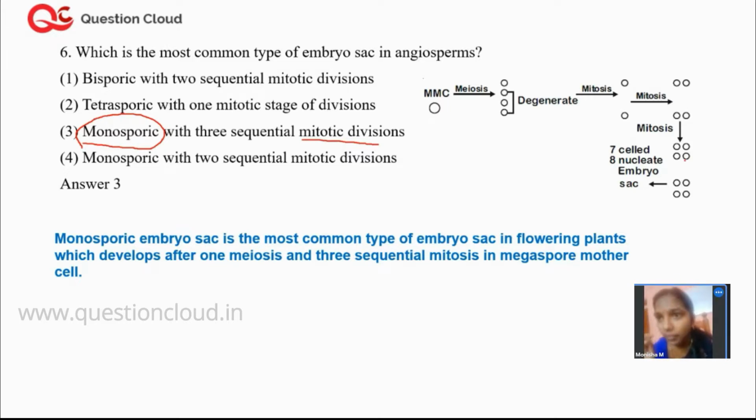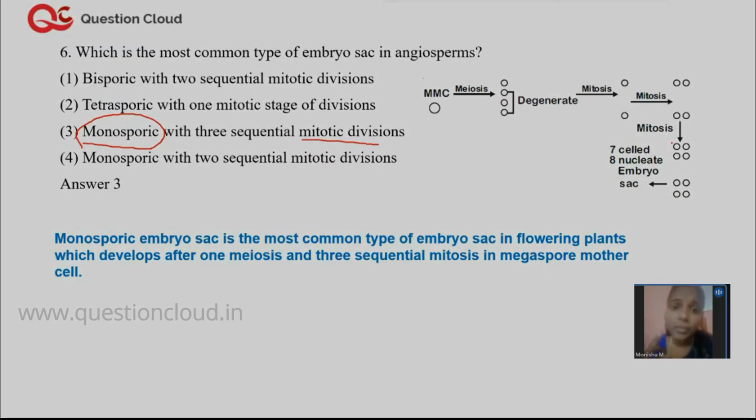Okay, so if you see the question carefully, the question says that it's going to be monosporic because you develop from a single spore or from a single cell. And how many mitotic divisions is it undergoing? 3 rounds, 1, 2, 3. Okay, so angiosperms la embryo form பண்றதுக்காக you need to have monosporic condition with 3 rounds of mitosis.